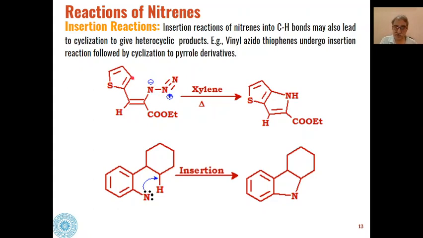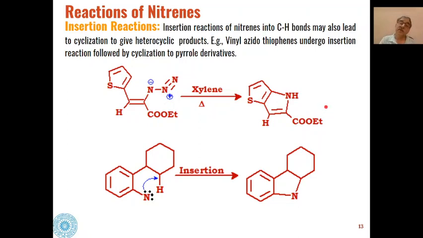This nitrene will insert at this carbon hydrogen bond. So this is a carbon carbon double bond with one hydrogen attached at this place, and the nitrene formed here will add to that carbon hydrogen bond to get a cyclic product. So if there is a possibility of formation of a cyclic product, then such insertion will take place.